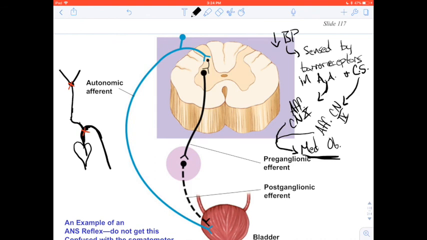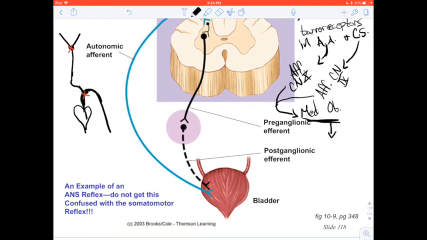And then from the medulla, it's going to go back down that cranial nerve 10, or the vagus. But this time it's going to be the efferent branch, right, going away from the brain. So it goes down the efferent cranial nerve 10, and it turns it off.